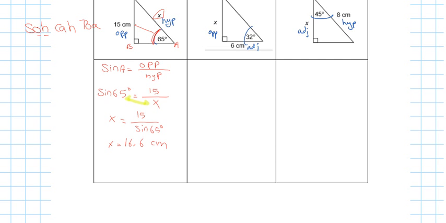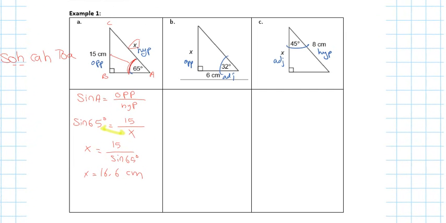Okay. Now, for the triangle, it's already labeled, but you guys need to know how to label them, right? So this is my angle of focus. This is my opposite, and the other side is my adjacent.